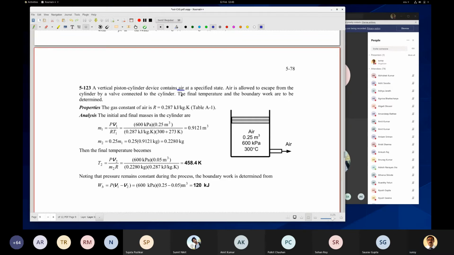The gas constant is given, PV equals mRT. So the initial mass is known because the conditions are known. Air is allowed to escape, so there is mass out.